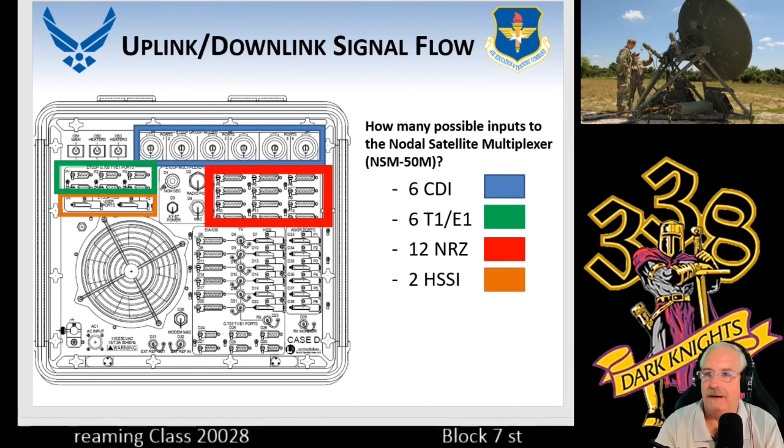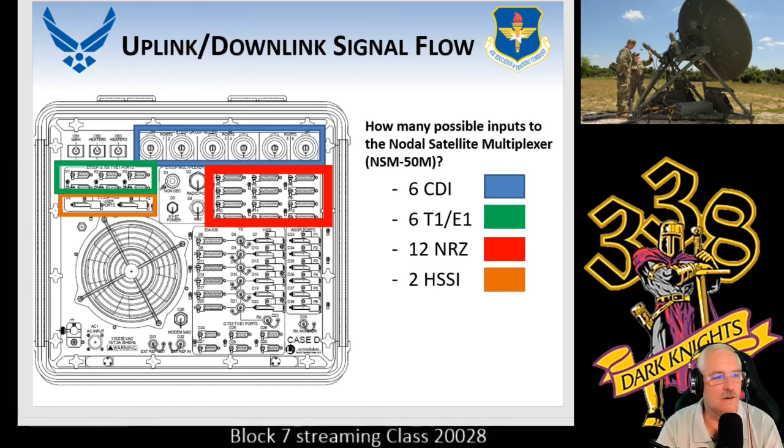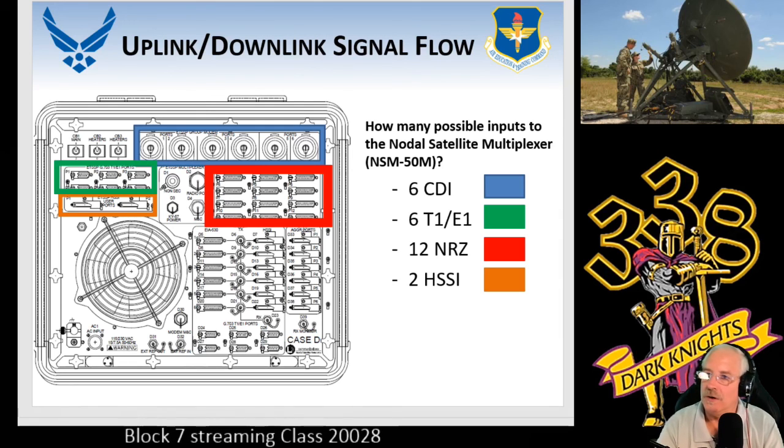On the back of our case is where the D connectors are. You can see the color code and where each one of them are. Now the difference is our CDIs. They're a Canon plug. Everything else is a D plug. The NRZ is the one that your guys are going to be focusing in on.